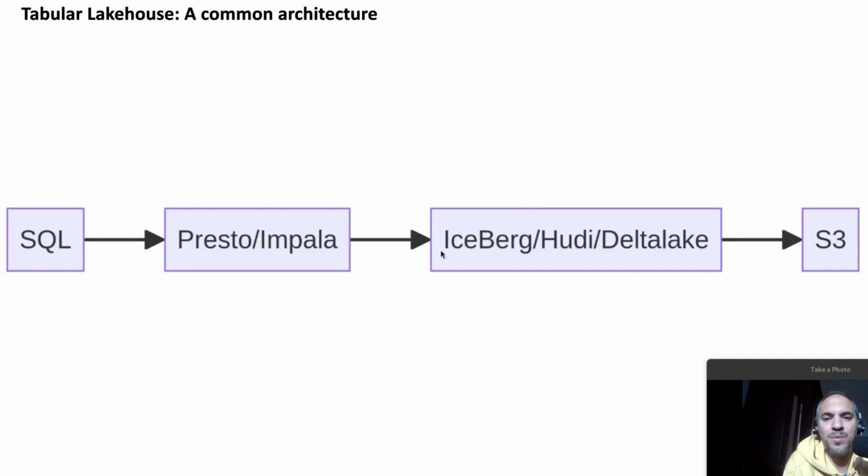So what Iceberg, Hoodie, and Delta Lake do, among some other things, is they manage different versions of tables. So a table is composed of, for example, a set of Parquet files, but internally metadata is kept, and while, for example, data is added, so new Parquet files are written, a new version is created, but all the queries are still running against the previous version.